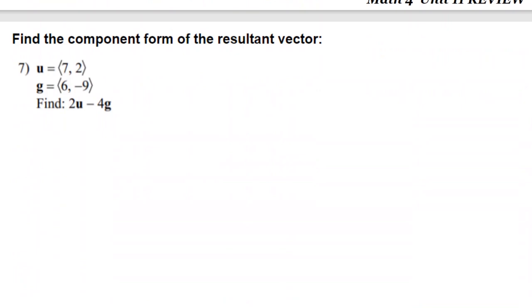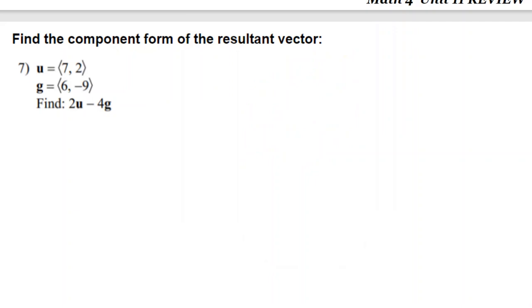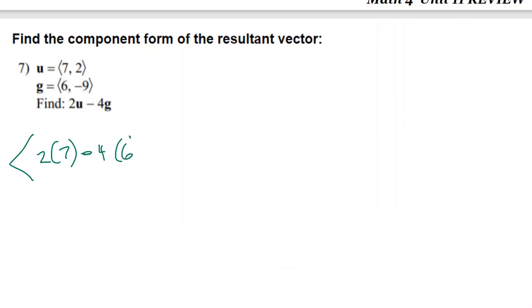Now we start getting into scalar multiplication. So we're going to say 2 times u minus 4 times g, and then 2 times u minus 4 times g.